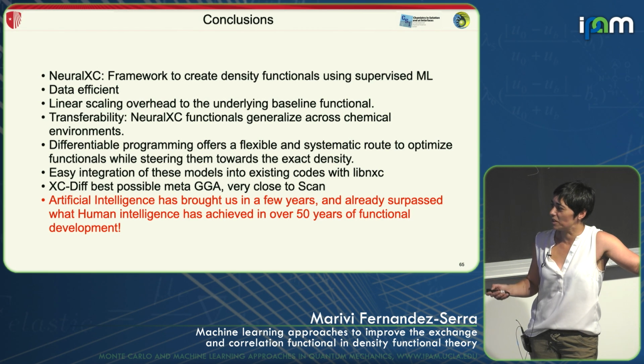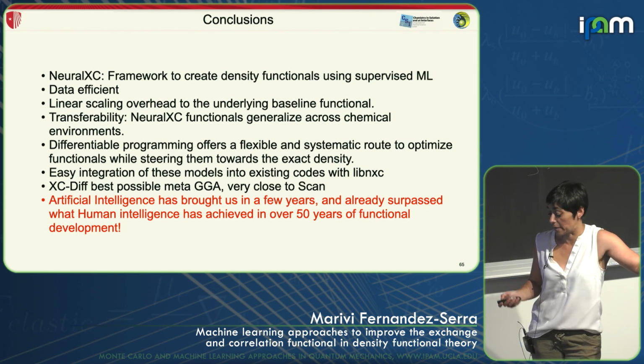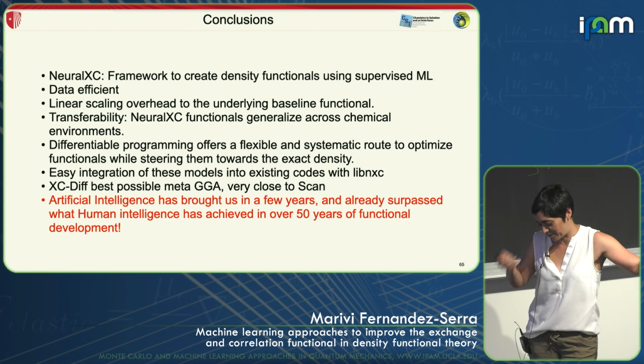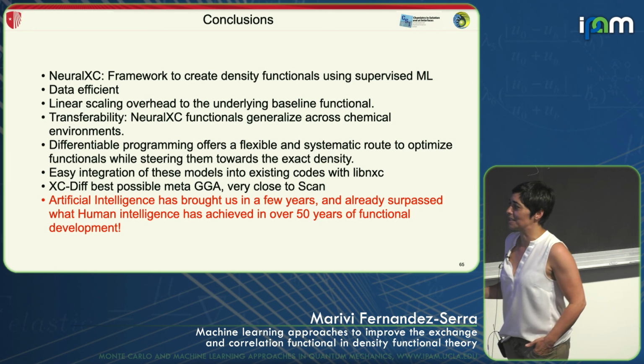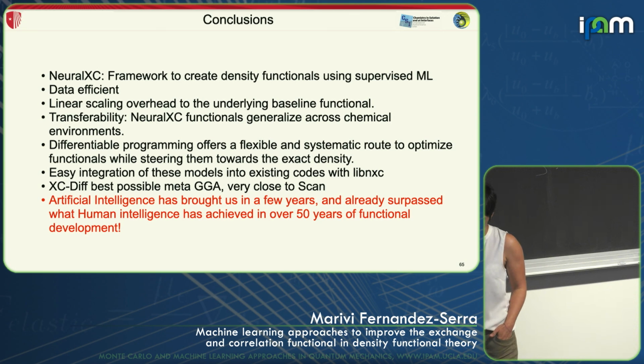I would like to finish with a note, which is that I think we've done a lot. Artificial intelligence has brought us in very few years to where we were with the development of functionals, and we have already achieved what I would say human intelligence achieved in 50 years of functional development.